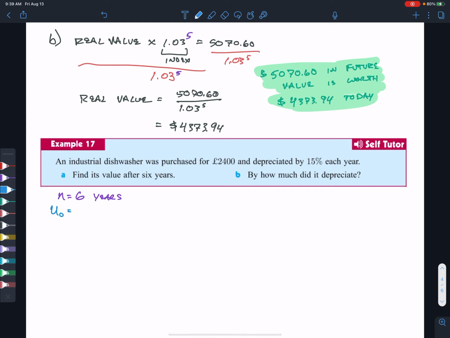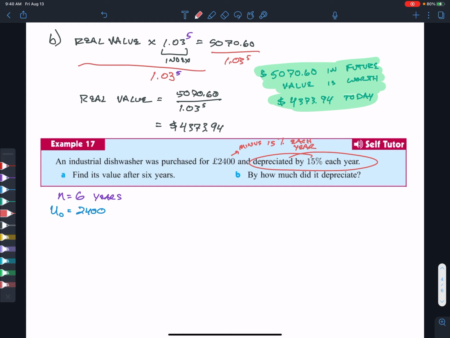Our u of 0 is equal to 2,400, so that's what we're originally paying. And then the depreciation, how much it's depreciated by, is 15%. So that means this is taking off, minus 15% each year, right? That's what depreciation means.